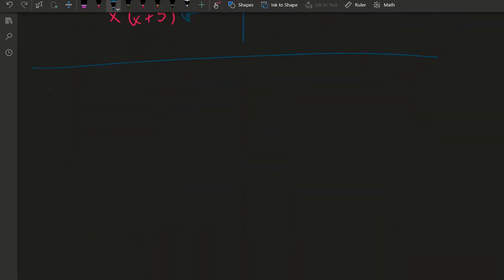The other situation that we have is, what if we are missing the linear term? In this case, this would be something like x squared minus 16. What I want us to remember here is that the linear term is missing.